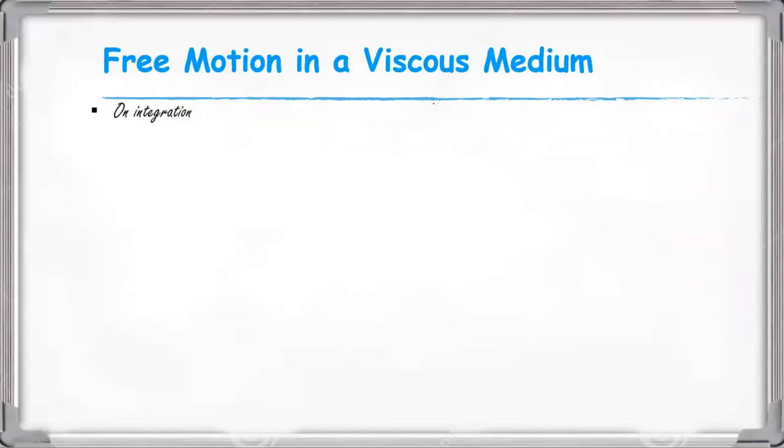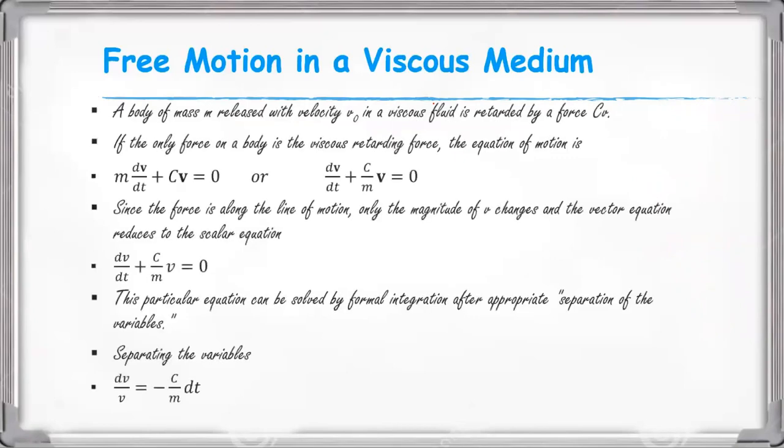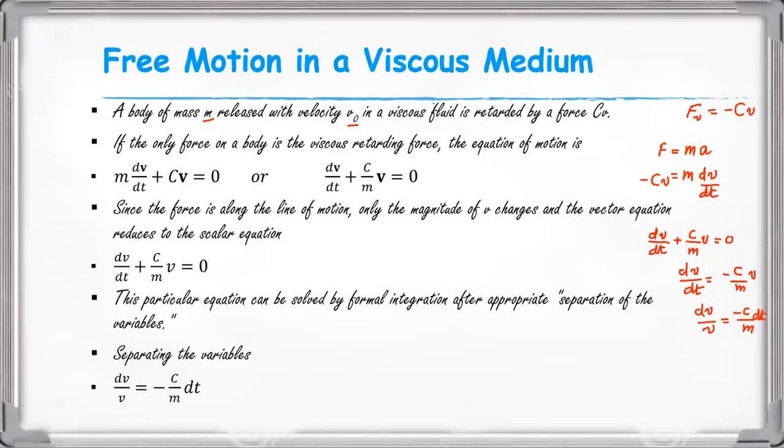So when we integrate this, we can write integral dv divided by v is equal to integral minus c by m into dt.